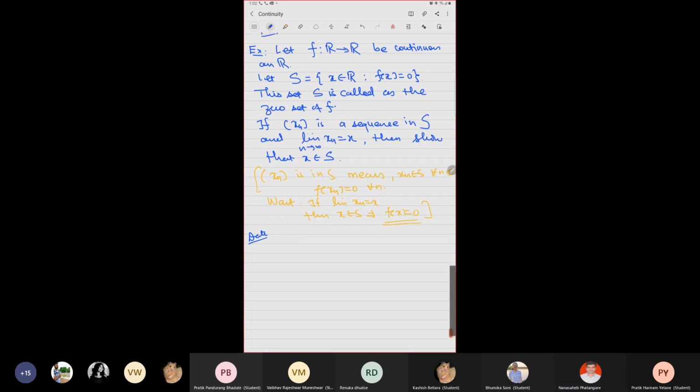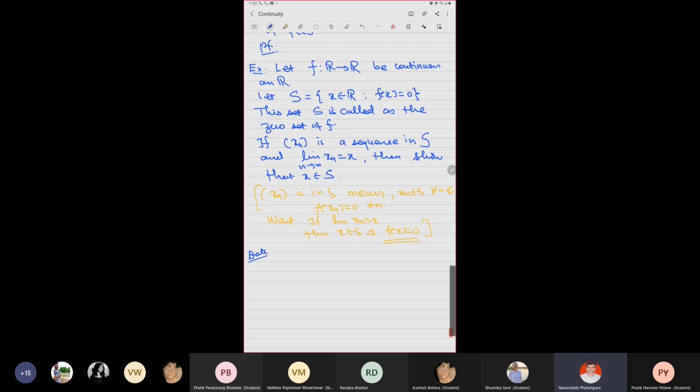Suppose f is a continuous function on R, S is the set of all points at which f is 0, and xn is a sequence in S. That means at each xn, f of xn is 0. What is our aim? If the limit of xn is x, then at x the function is 0. So our claim is f of x is equal to 0. So the statement of the problem is clear.